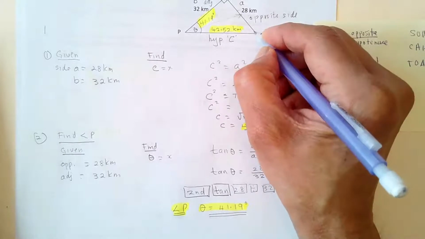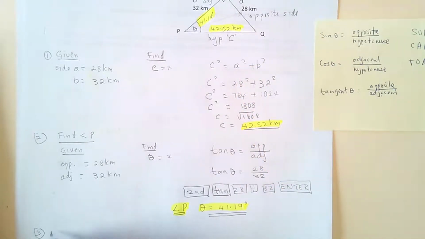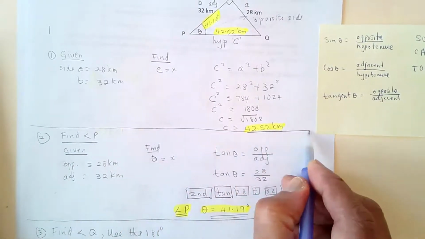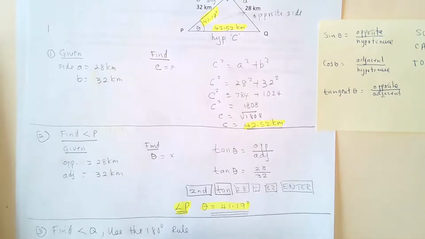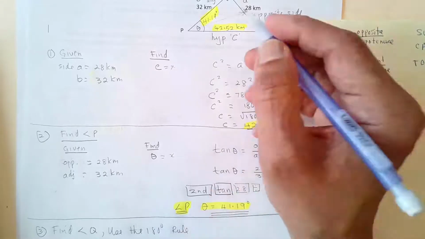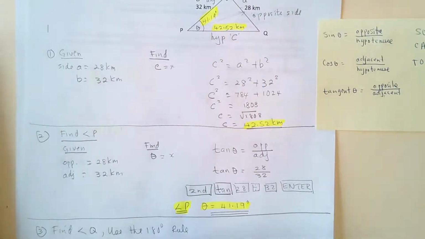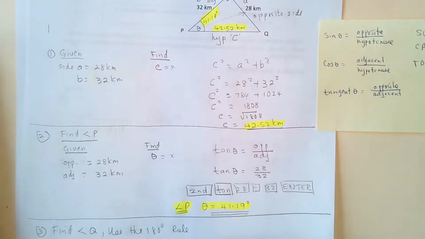Now we can find angle Q by using the 180 rule. So find angle Q, which is 180 degrees. What is given? We know the 90 degrees here, minus 41.19.